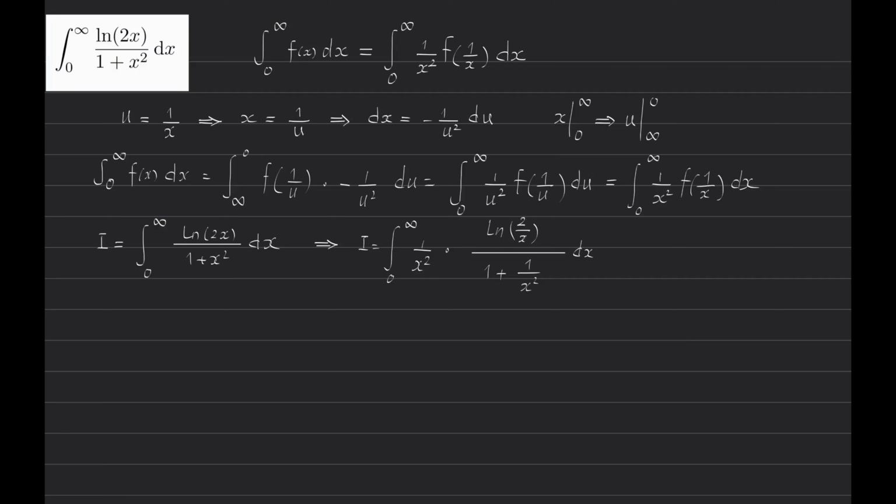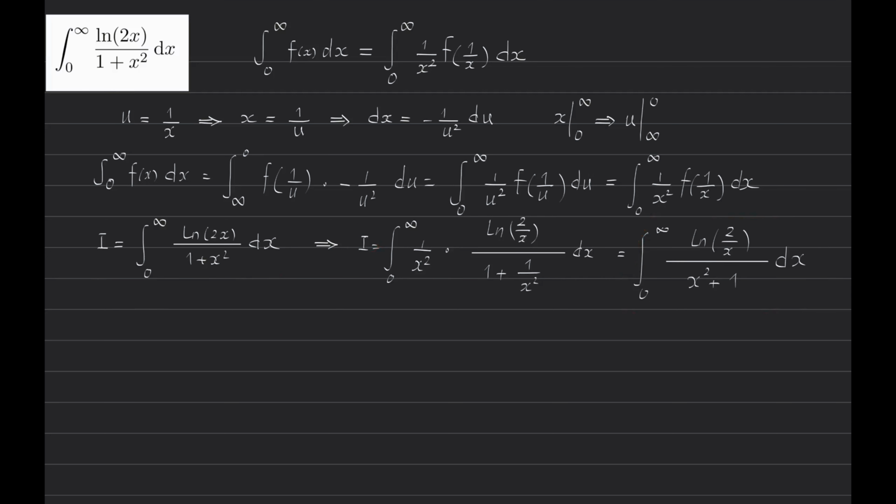So this becomes equal to the integral from 0 to infinity of ln of 2 over x divided by x squared plus 1 dx. So what I did, I was able to show that if you call this integral I, then I can also be written in this form.